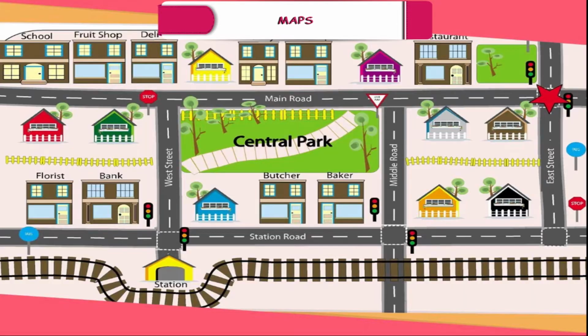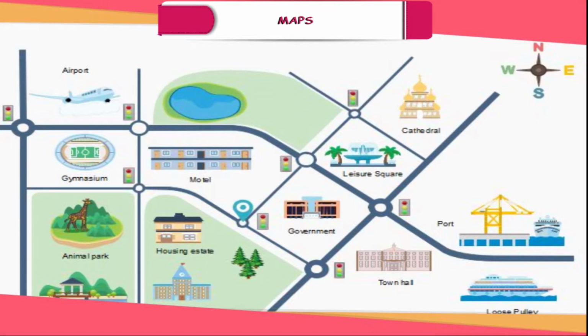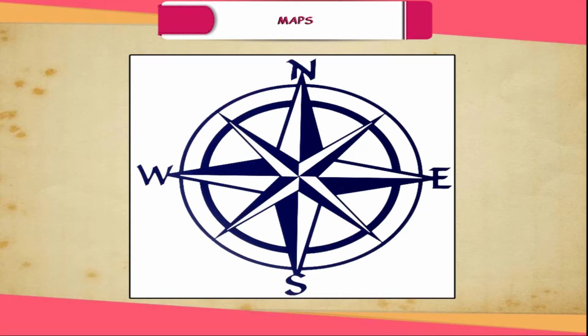Directions. Most maps contain an arrow marked with the letter N at the upper right-hand corner. This arrow shows the north direction. When you know the north, you can find out other directions like east, west, and south. The 4 major directions, north, south, east, and west, are called cardinal points.